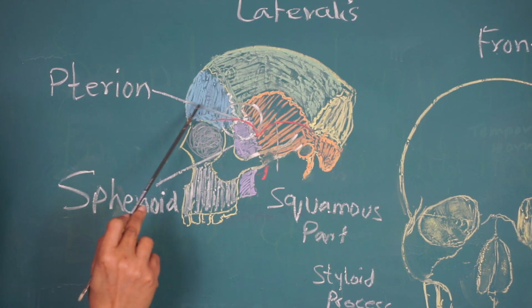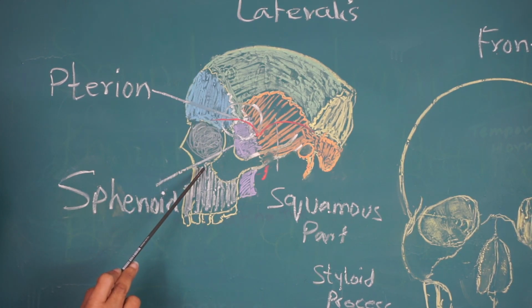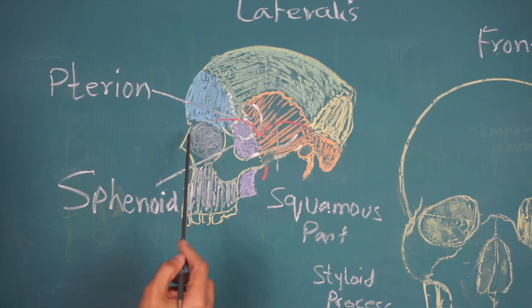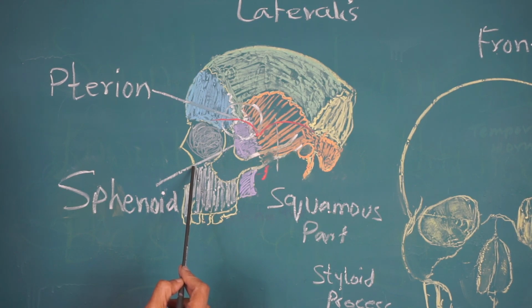The orbit has been formed by a part of the frontal bone and a part of the bone which is making the upper jaw, that is the maxilla. So the floor of the orbit has been formed by maxilla, and this is the nasal prominence formed by the nasal bone, right? And this is the anterior nasal aperture, and this region is part of the maxilla.